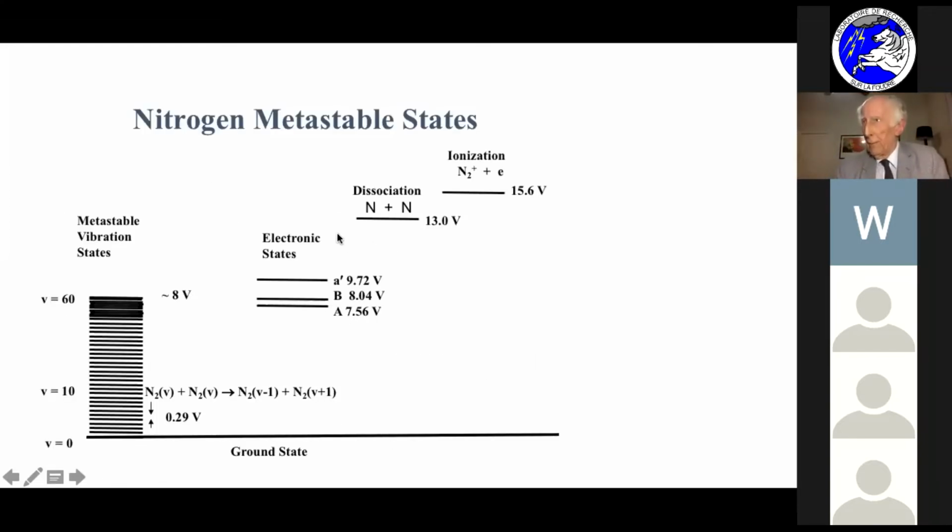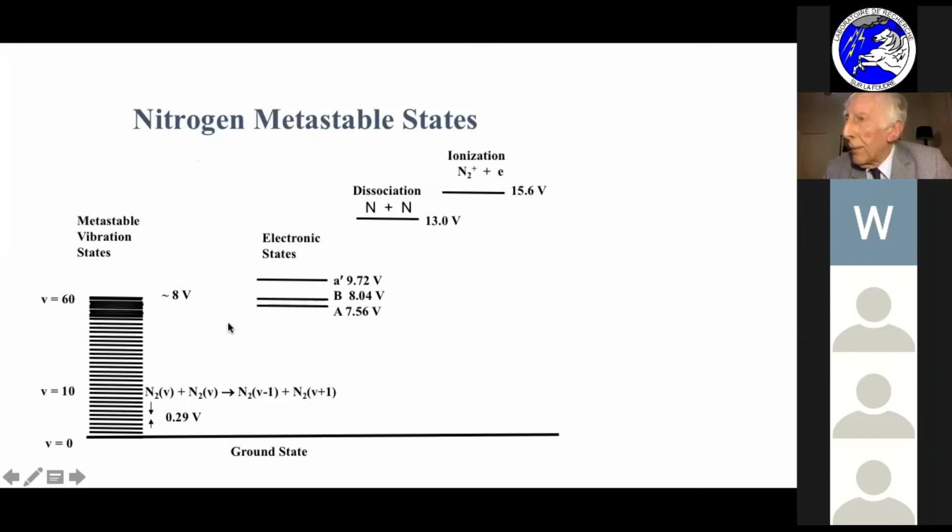Also, I mentioned that there are nitrogen metastable states, and the nitrogen metastable states have an excitation potential of only 0.29 eV, and there are many of them going up to 60, and you have a whole chain of them, and they rattle around hitting one another, causing various excitations and de-excitations, and they can enhance ionization.